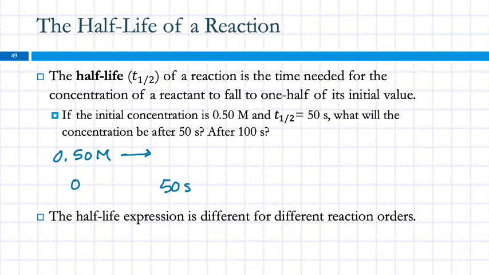That's 1 half-life, right? So the concentration is cut in half. What about after 100 seconds? 12.5. So another half-life. From here to here, a half-life, the concentration gets cut in half. It gets cut in half and cut in half. So this would be 0.125.